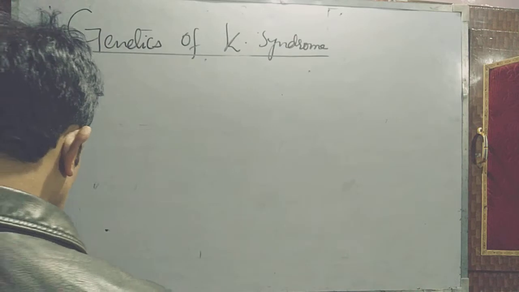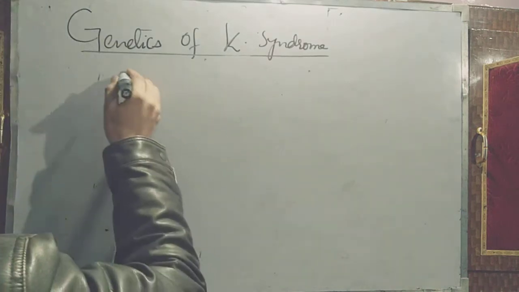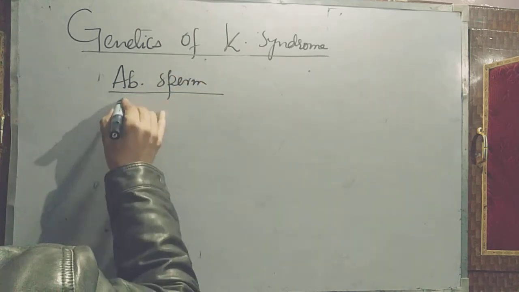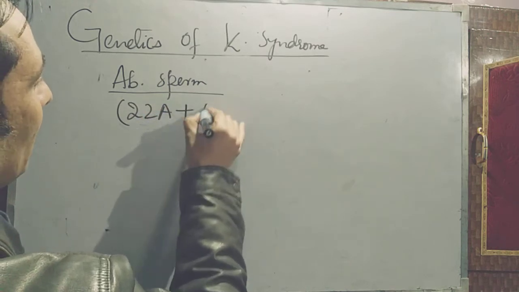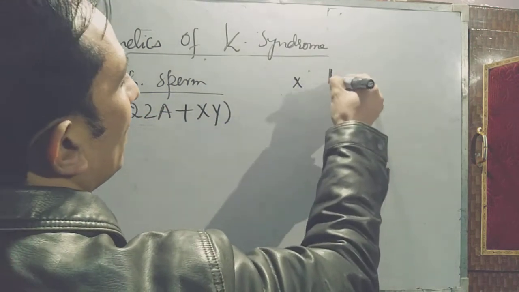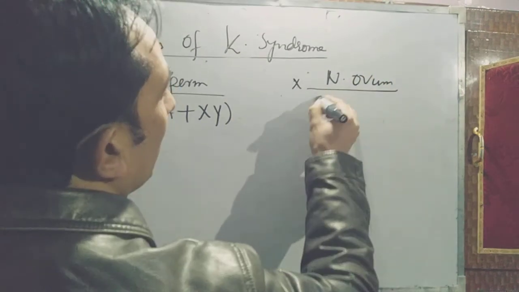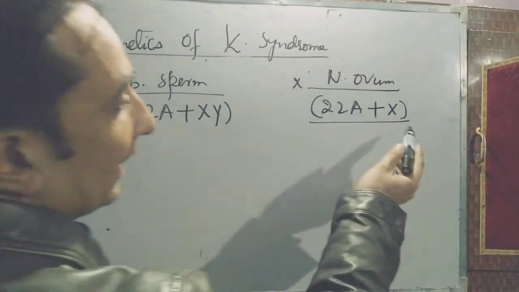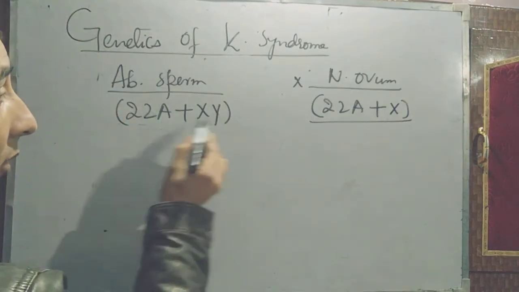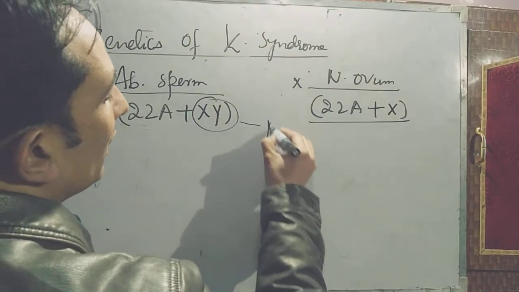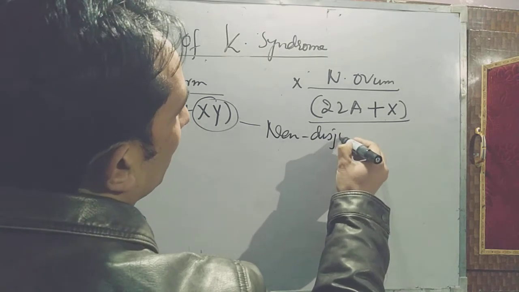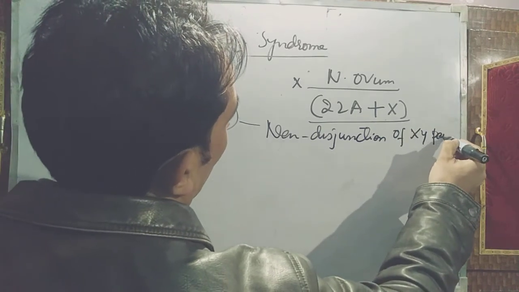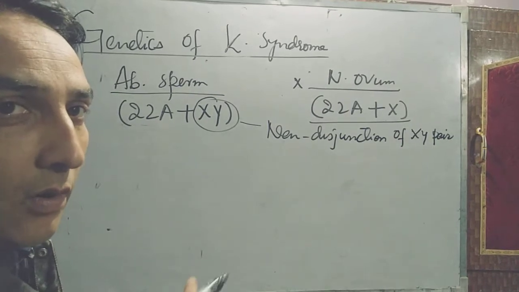And that very condition is like this. It is when an abnormal sperm with the chromosomal formula of 22A plus XY fertilizes a normal ovum with the chromosomal formula of 22A plus X. So this is a normal ovum having one X chromosome and 22 autosomes, but this abnormal sperm, in which non-disjunction of the XY pair has occurred.